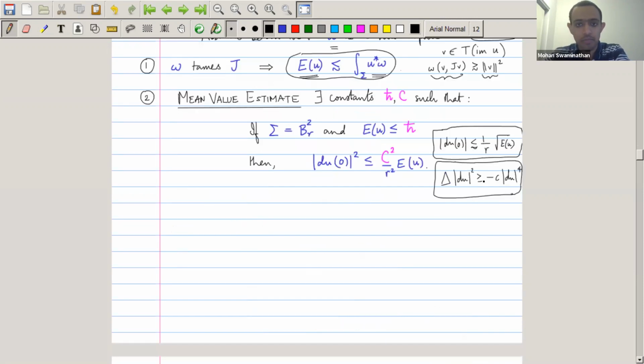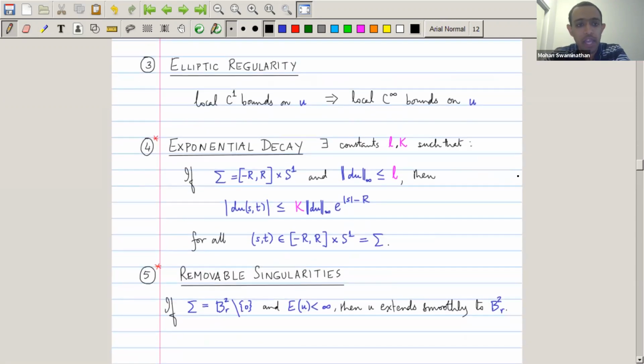So now, the third fact, which is very important for us, is elliptic regularity. This tells us that if we have a holomorphic map u, then local C^1 bounds will give us local C^k bounds for every k. This is just a general property of the Cauchy-Riemann equation. In the ordinary complex analysis setting, we know how to derive this.